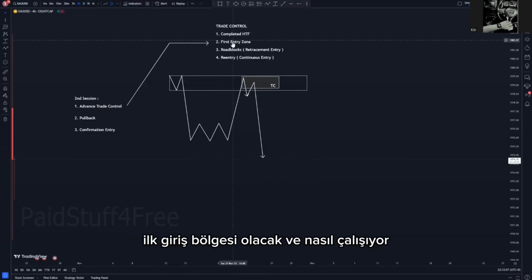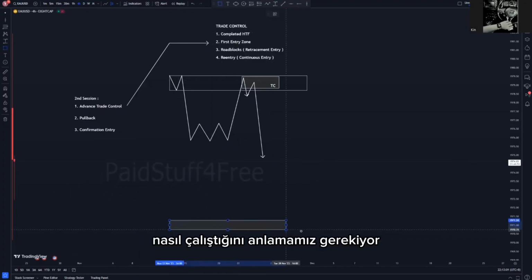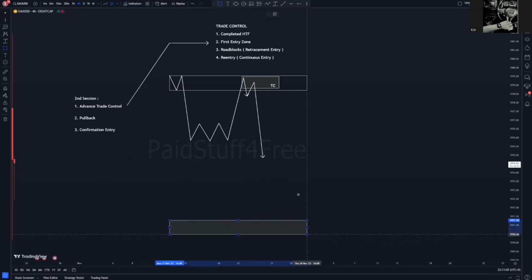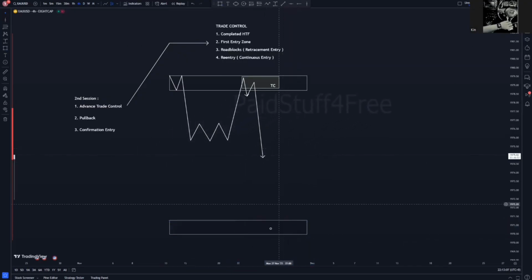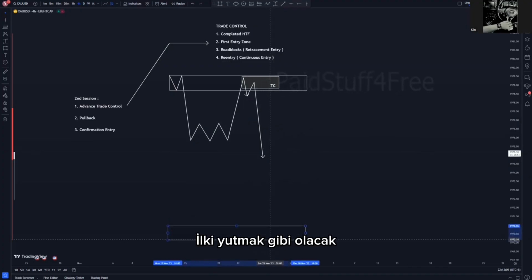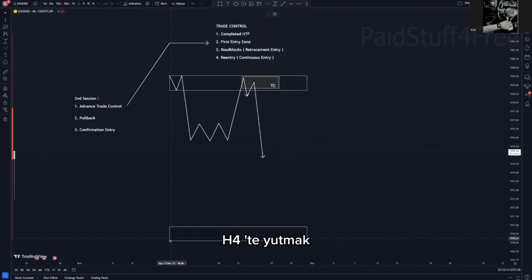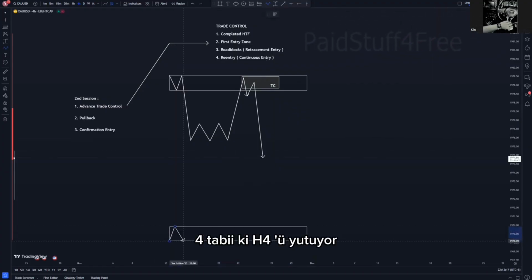The second one is the first entry zone and how it works. We need to understand how it works. The first one, we have an engulfing buy on H4.